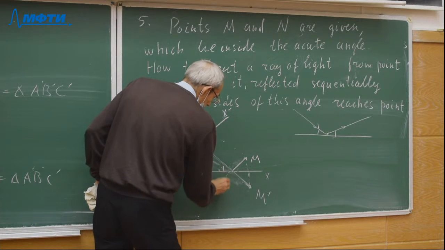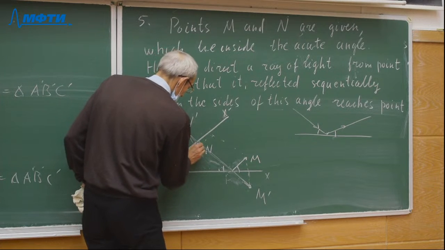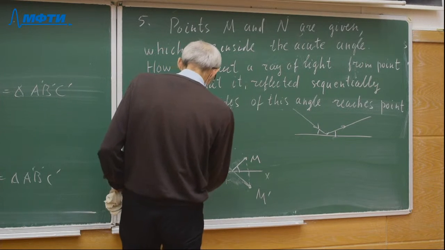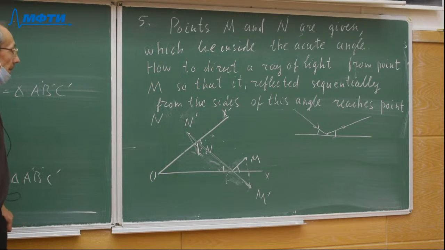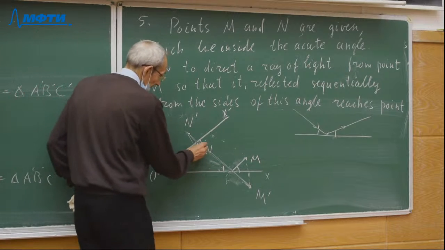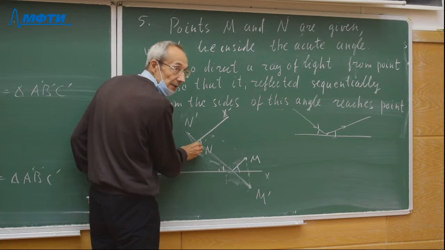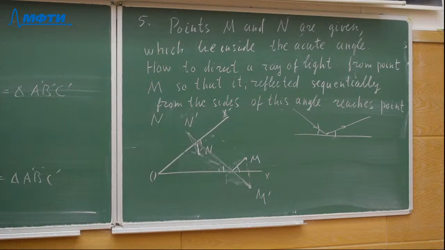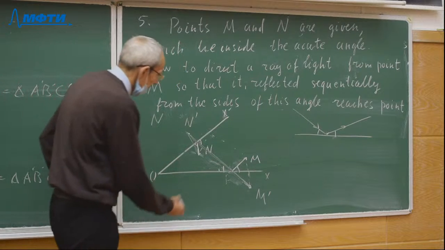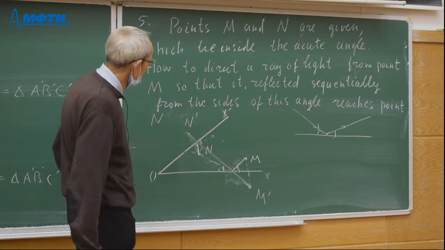Let's show that this angle is equal to this angle, and this angle equal to this angle. It's an easy task. This angle equals this angle equals this angle, then this side equals this, and we have an answer for this question.